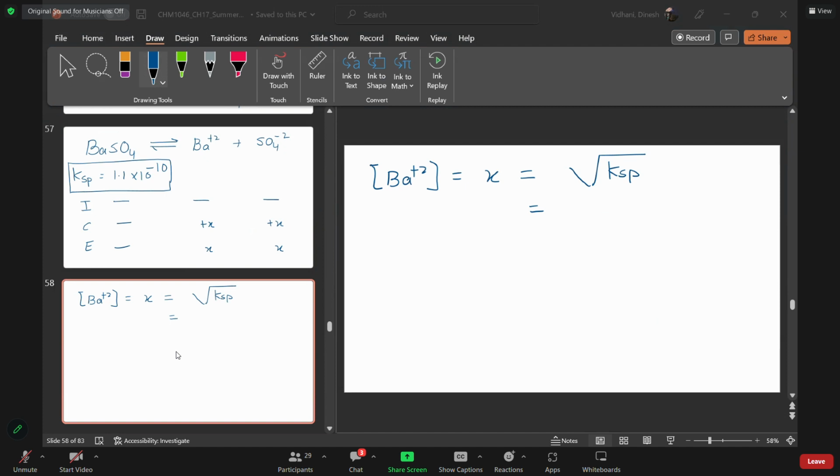Guys, can you solve this one? It's right there. You are given KSP. You need to find the concentration of barium ions before I do anything to this equilibrium. Write it down in the chat box.